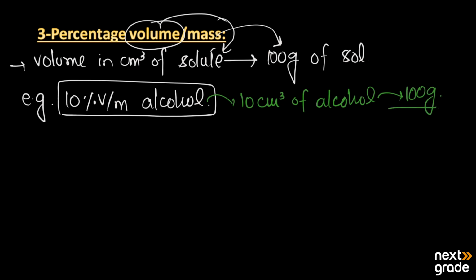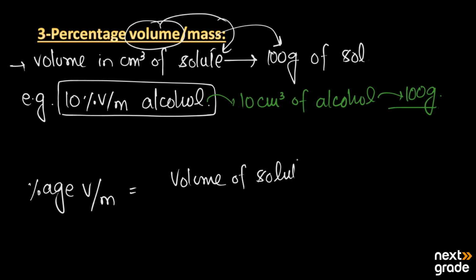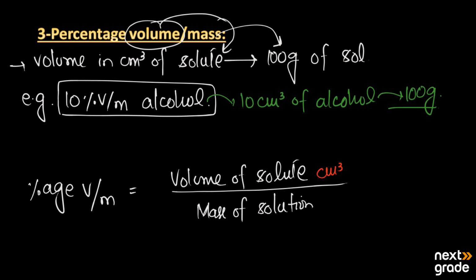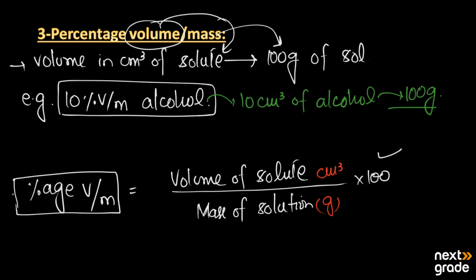So the formula for this is: percentage volume by mass is equal to the volume of solute, in centimeter cube, divided by mass of the solution, in grams, and we multiply it by 100, because percentage means we have divided it into 100 parts. So this is the percentage volume by mass.